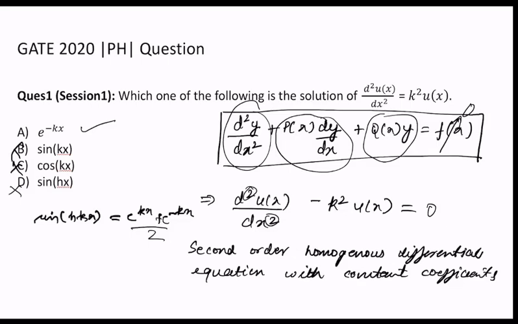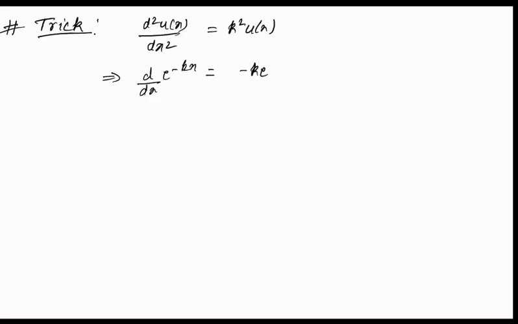Now there is another trick through which you can solve this question in short time, because you are appearing for a competitive exam. You just substitute e to the power minus kx into the original equation. The original equation is d square u by dx square is equal to k square u. So d by dx of e to the power minus kx will give minus k e to the power minus kx.